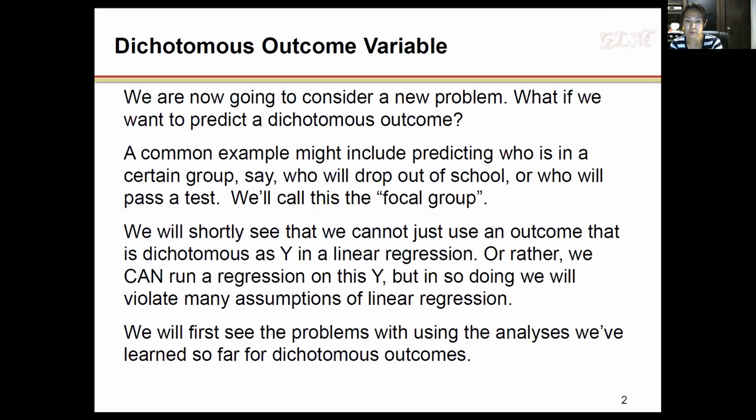But when you have a binary outcome, for example, yes or no, dropout or not dropout, pass or fail, success or fail, this kind of two options in responses, then you have to use logistic regression because some of the assumptions are violated if you just conduct multiple regression in that case.